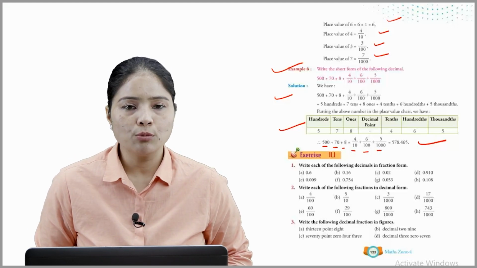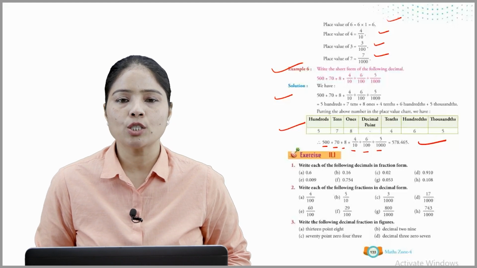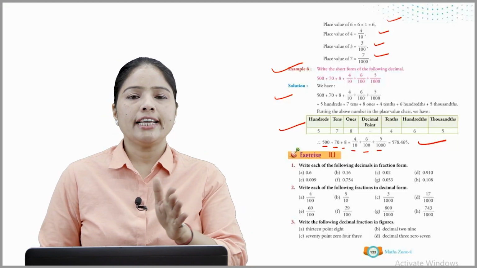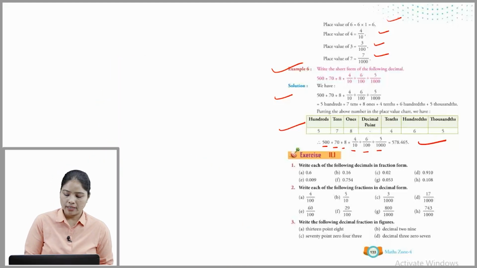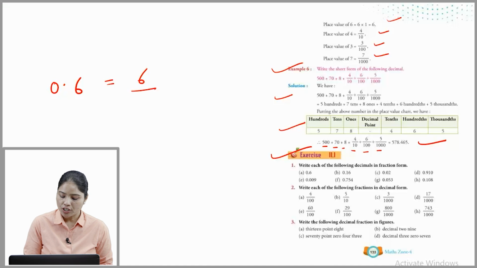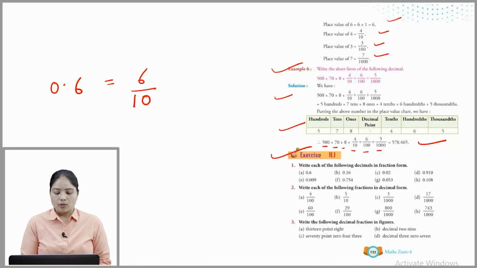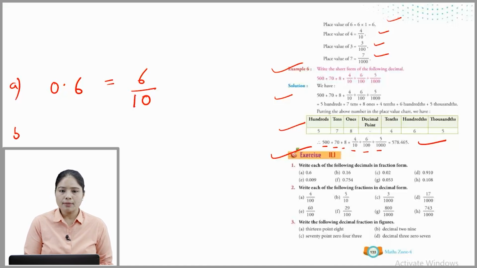Okay. So now move on to exercise 11.1. Write each of the following decimals in fraction form. First one is given 0.6. So the fraction of 0.6 is 6/10. Okay. Similarly, what is part B? 0.16.